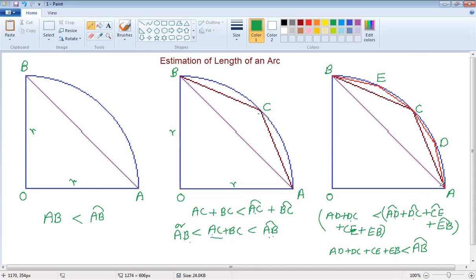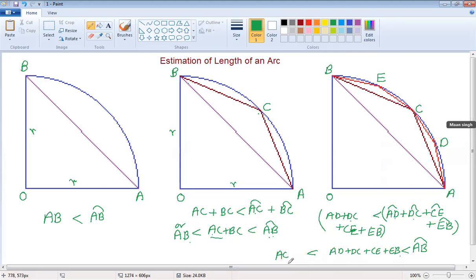But again, AD plus DC, the first two terms added, in the triangle ADC, AD plus DC is more than AC. Whereas the sum of the last two terms, in the triangle BEC, CE plus EB is more than BC.